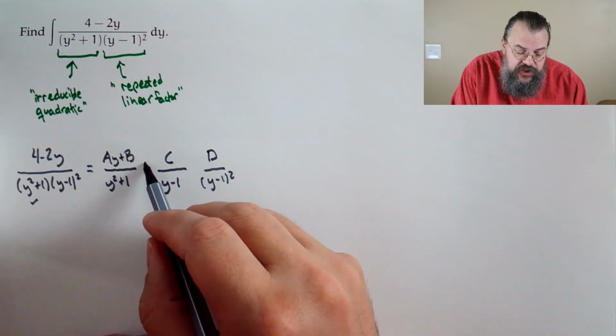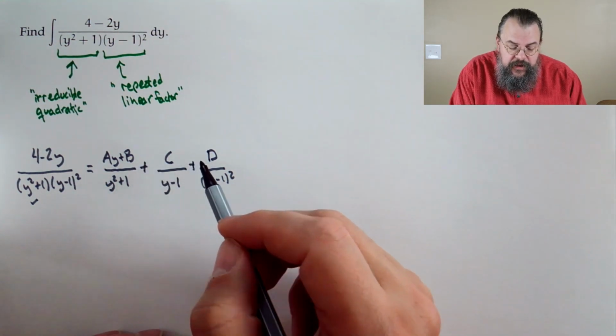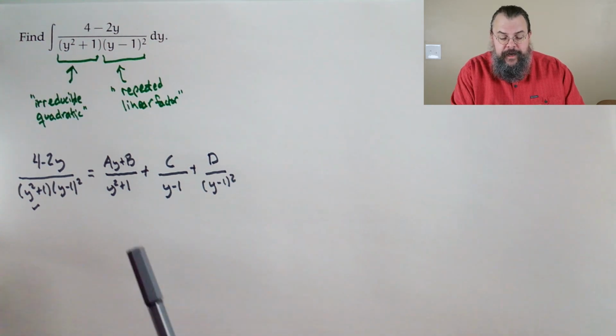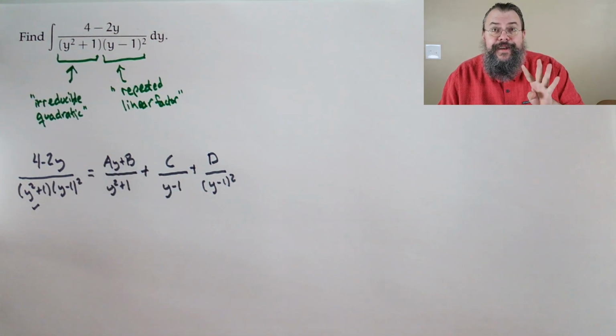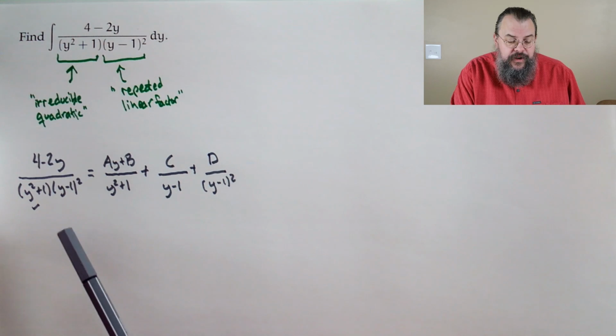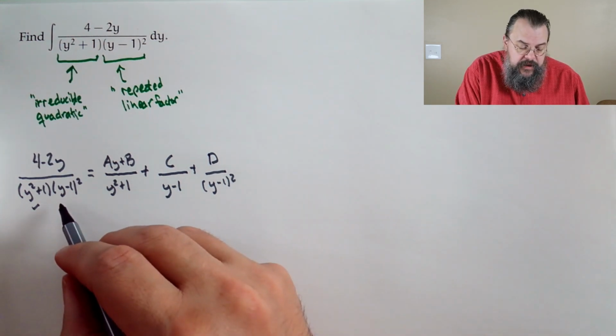Now, there's a nice check to see, do I have the right form? Which is the following. Ask yourself, how many unknowns do I have? See, I have 4. I have A, B, C, D. That's 4 things I don't know. Now, the number of things you don't know has to match the degree of your denominator.